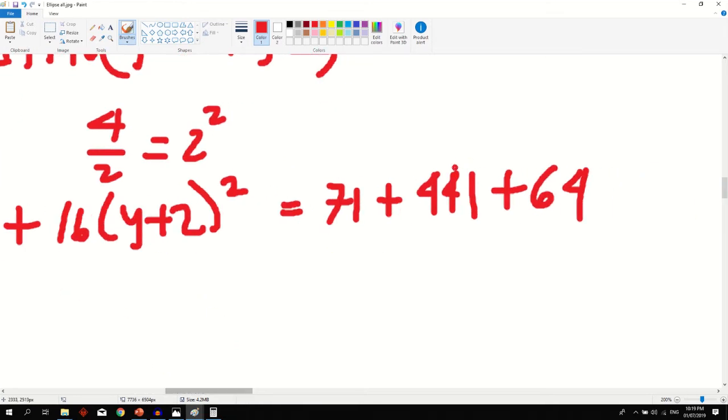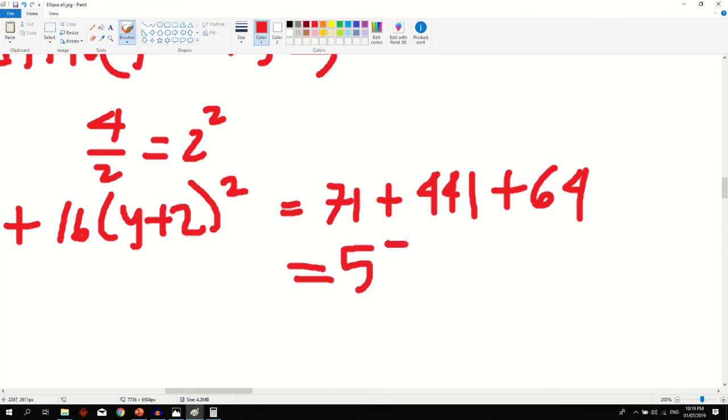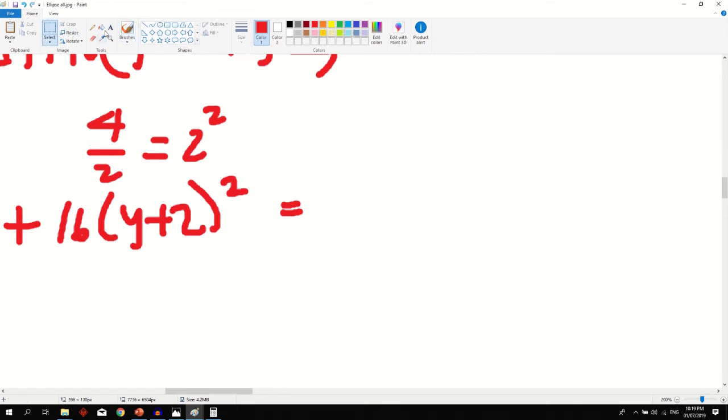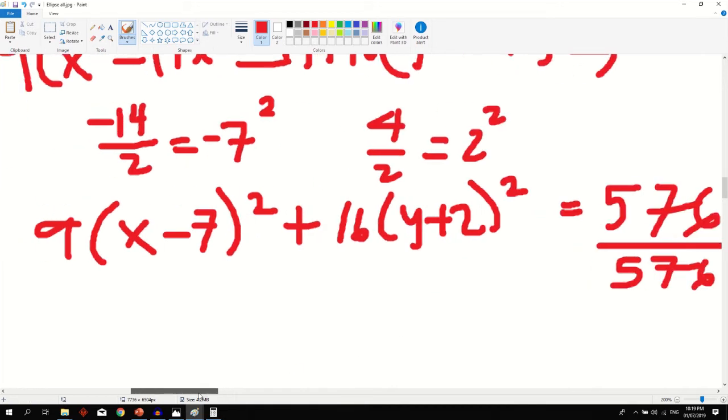So the total here, 71 plus 441 plus 64 is equals to 576.